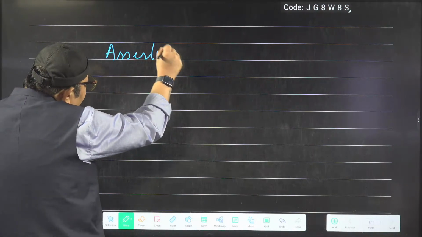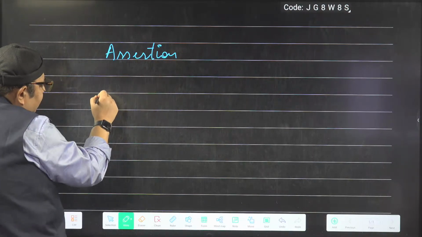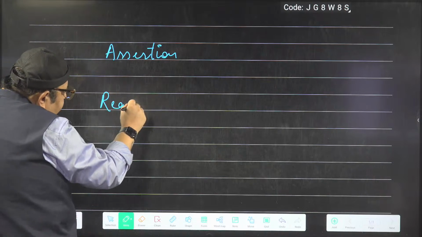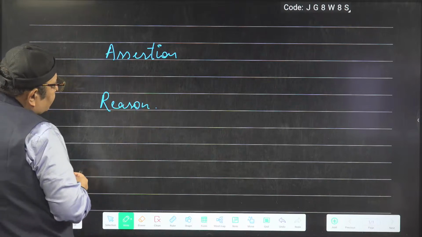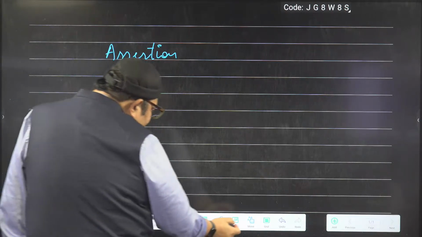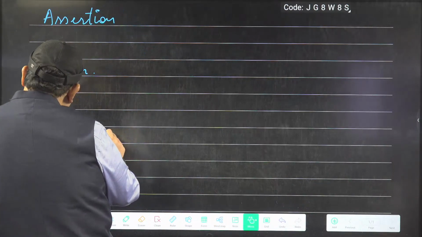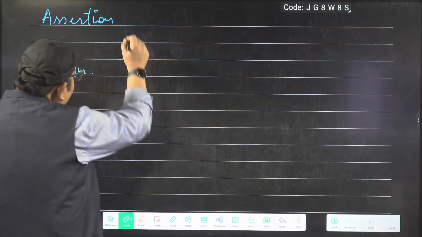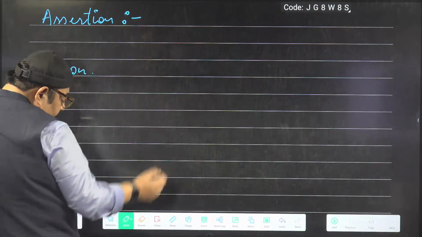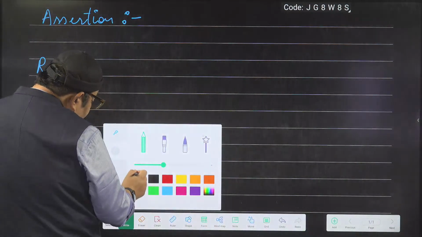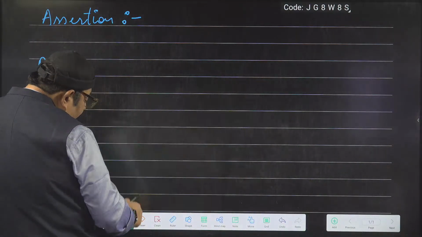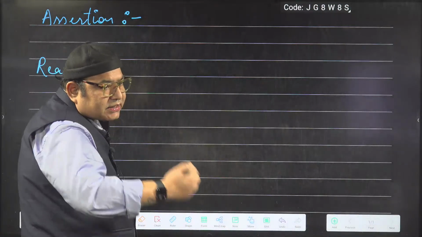So we have this type of question called assertion and reason. One type of question that will be coming in the NEET examination is assertion and reason. Assertion means any statement; we are asserting a statement to you.